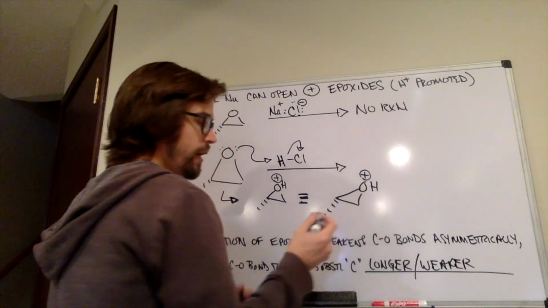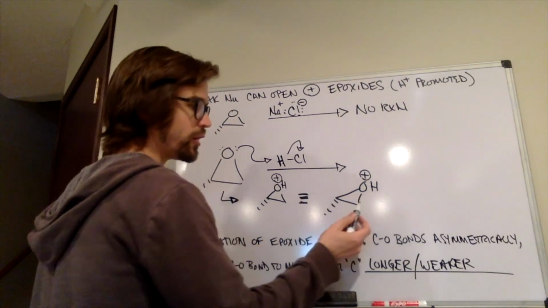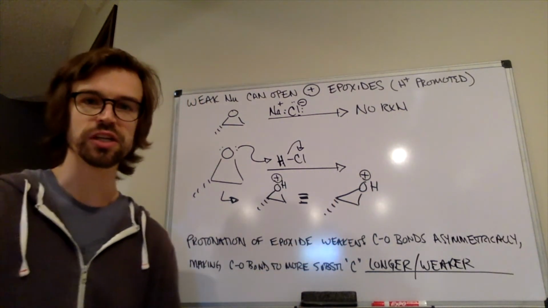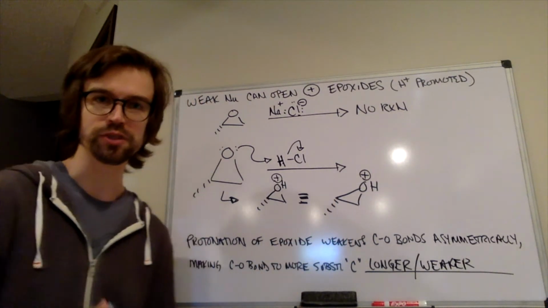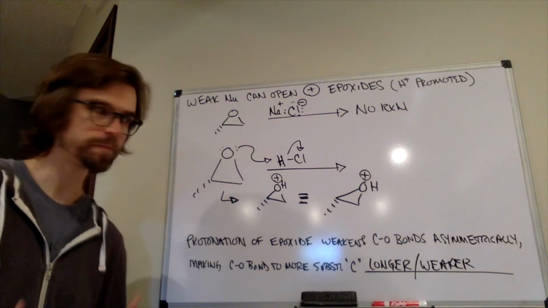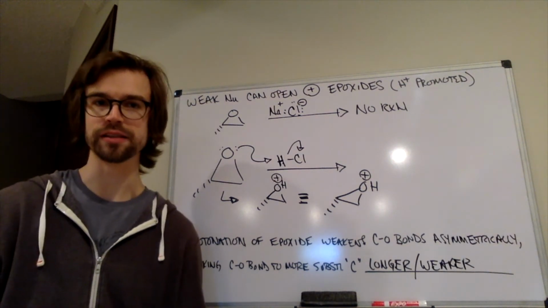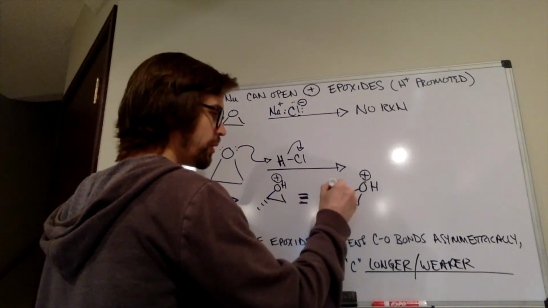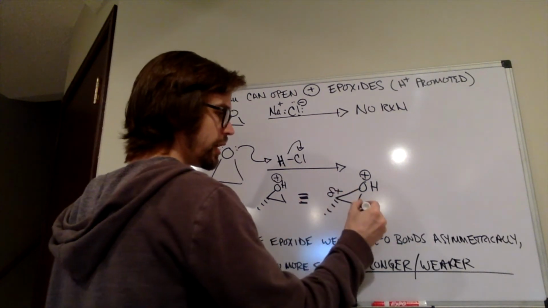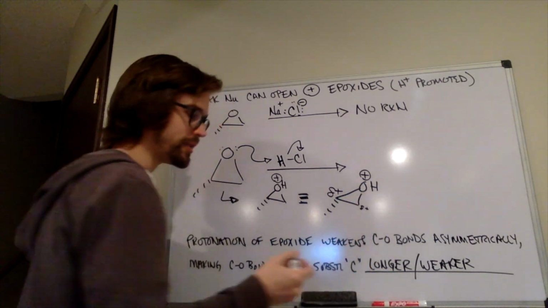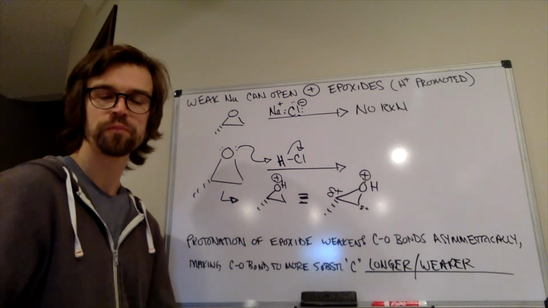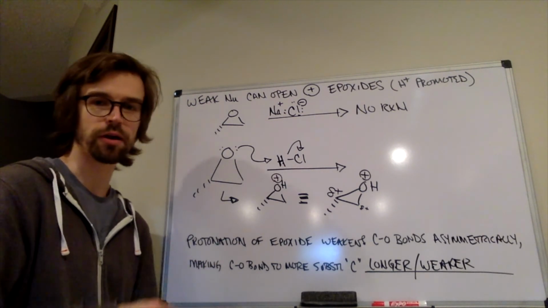So the next question becomes, if we have a partial positive here and a partial positive here, which position is better at stabilizing that partial positive charge? Yeah, more substituted positive charge is a more stable positive charge. So we probably have a pretty big partial positive charge there and a much smaller partial positive there. Again, backing up this whole bond length issue. The longer bond is the weaker bond.